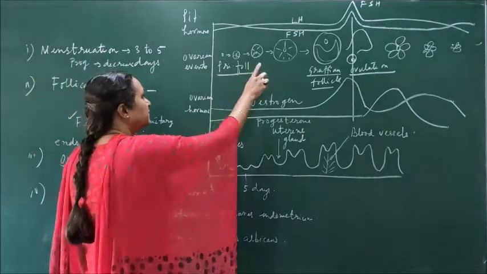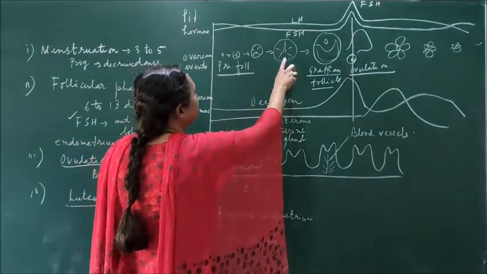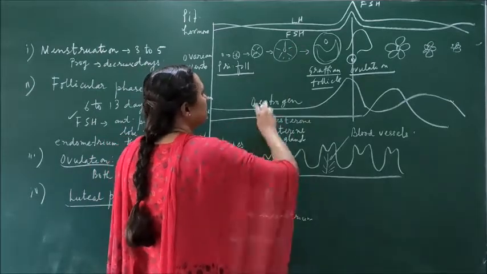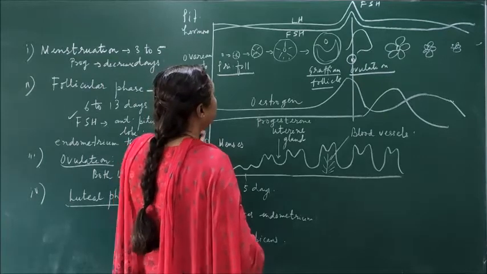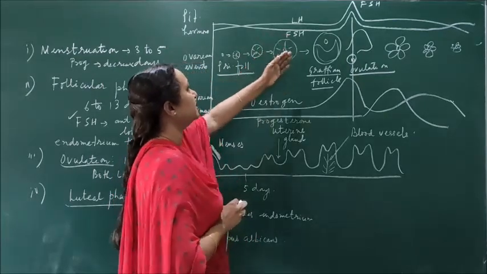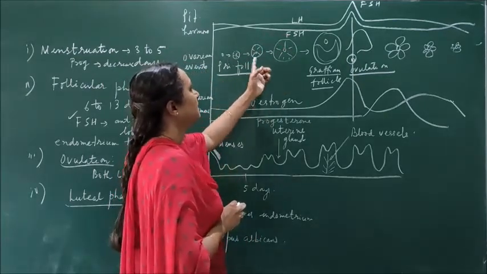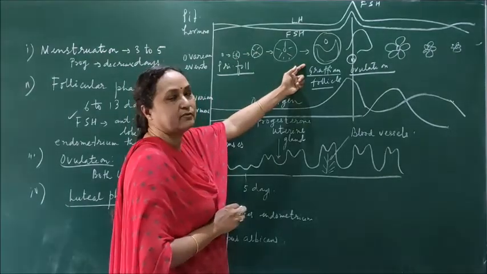But during the growth of the follicle, you can find out the follicle stimulating hormone is released from the pituitary gland. And under the influence of the follicle stimulating hormone, the primary follicle is developing into Graafian follicle.